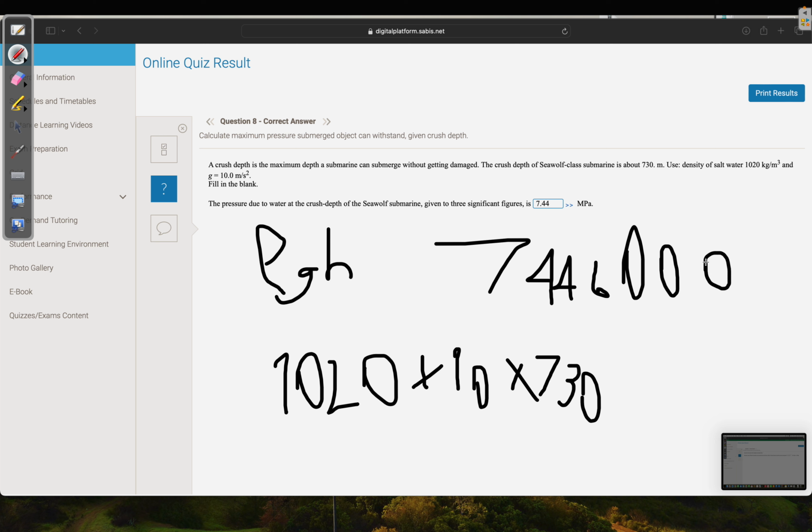Here they also wanted it in megapascals, so we multiply by 10 to the power negative 6, or we divide by 10 to the power of 6. 1, 2, 3, 4, 5, 6. So the answer will be 7.45 megapascals.